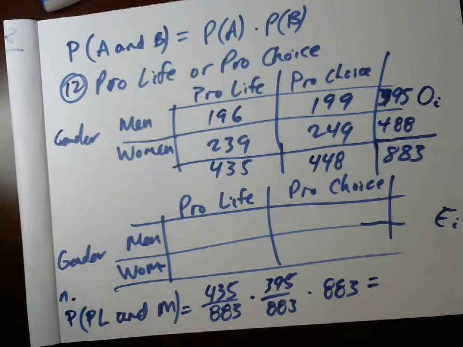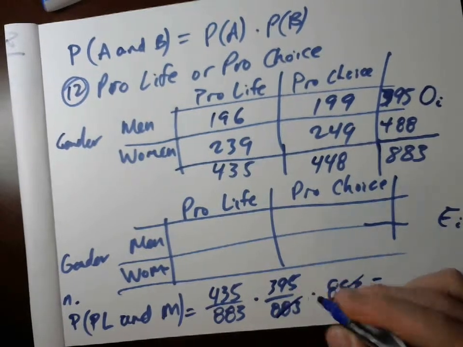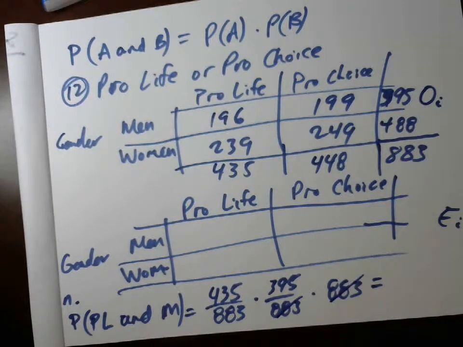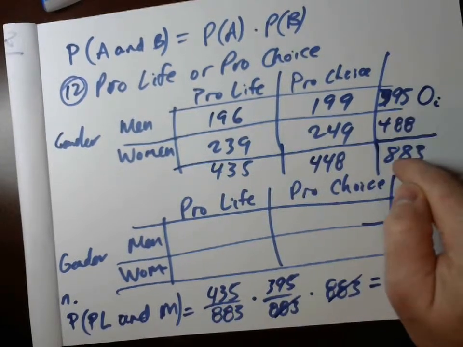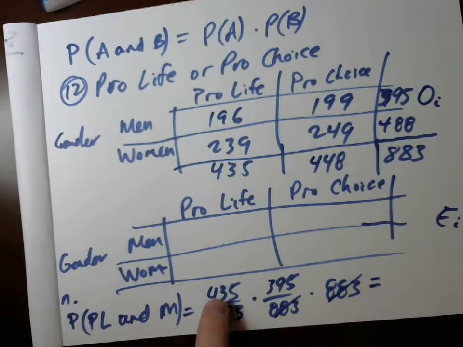Notice that 883 cancels out with 883. And so all we have to do is multiply 435 by 395 and divide by 883.